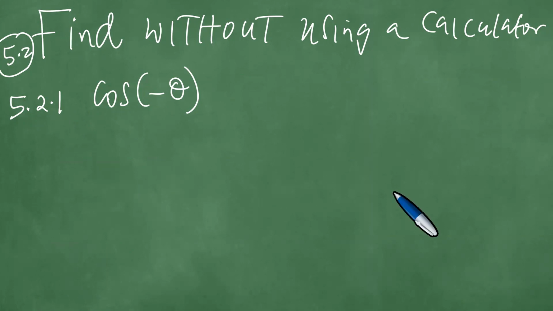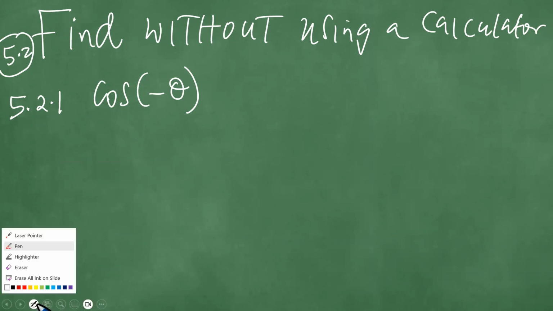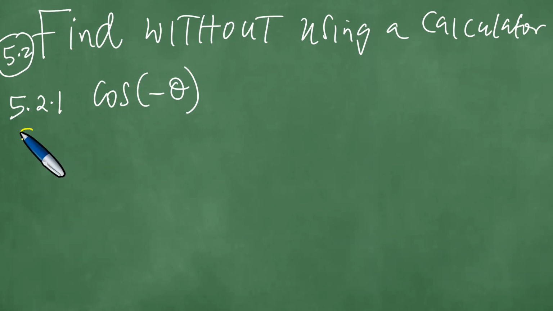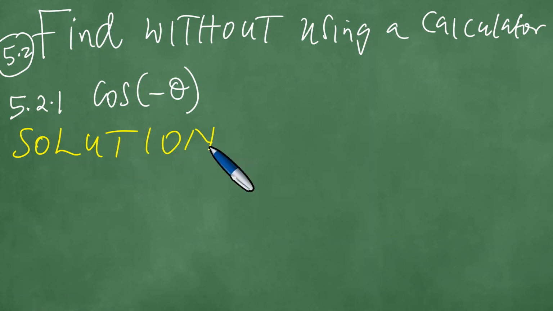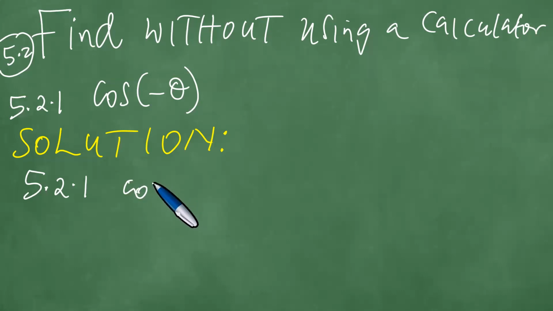So look at the solution to this. So let's look at 5.2.1. What is cosine of minus theta? In which quadrant is minus theta?